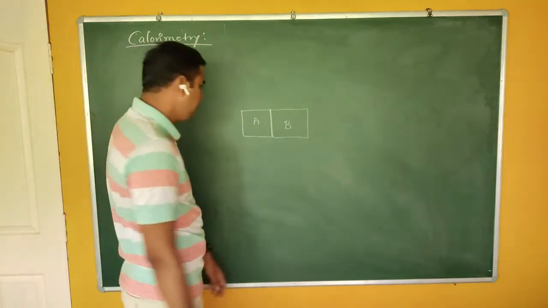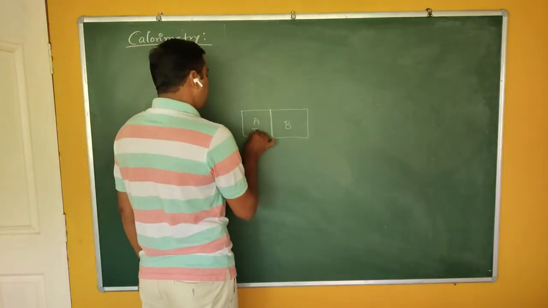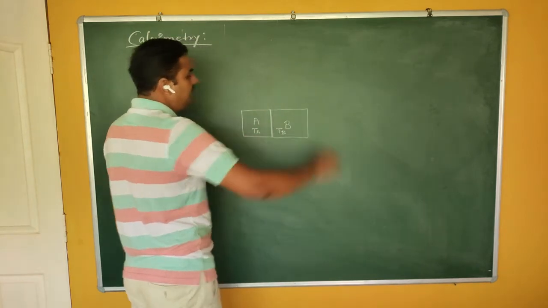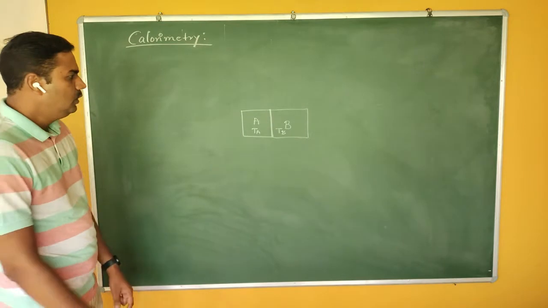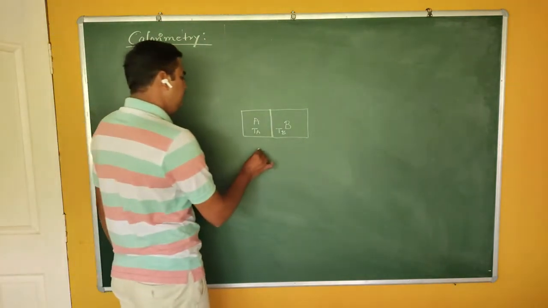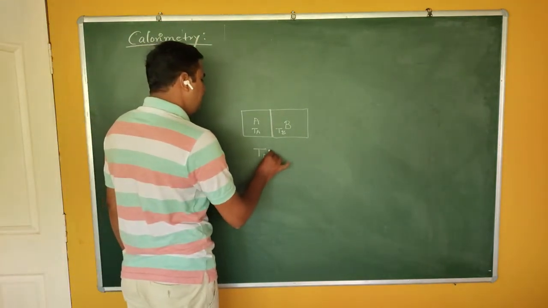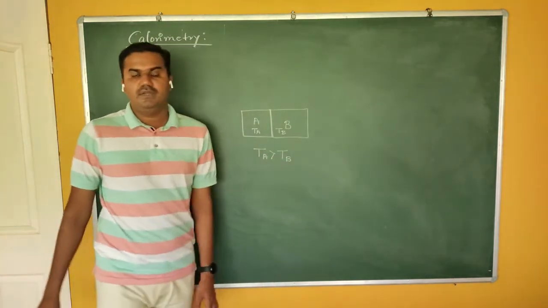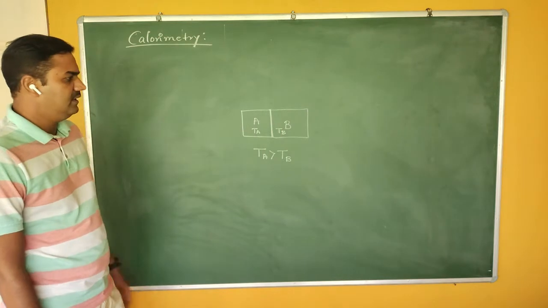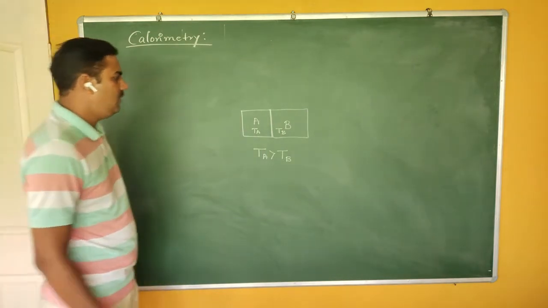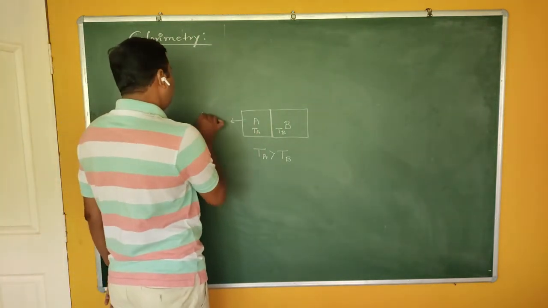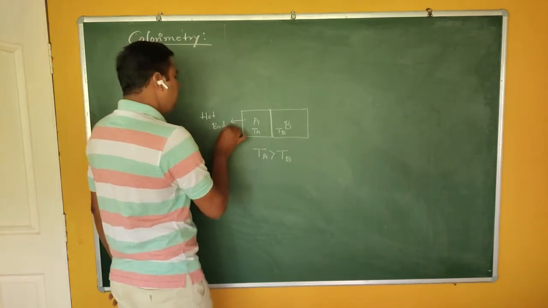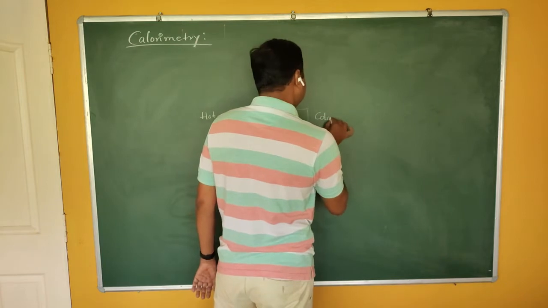Let me take the temperature of material A as Ta and the temperature of material B as Tb. Let me assume that the temperature of A is greater than the temperature of B. Then we call A the hot body and B the cold body.